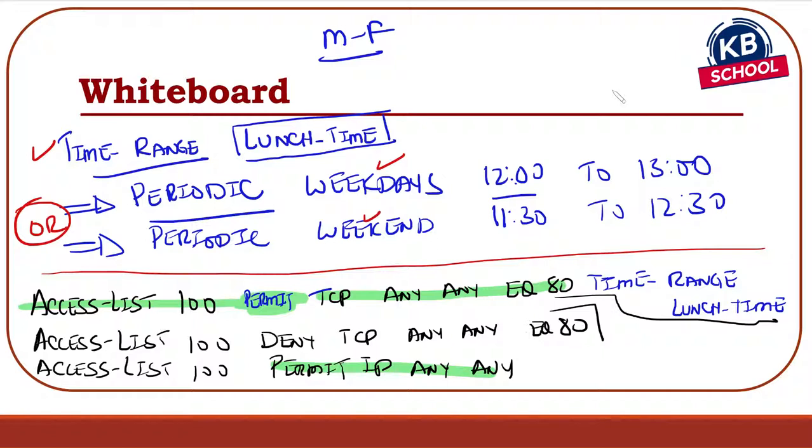Now, the other aspect of the time range is a component known as the absolute. Let's say this is a policy that I want to take effect, but I don't want it to take effect immediately. I want this to go into effect from the 1st of next month. So one of the things that I could do is specify a command called absolute. What does an absolute command do?